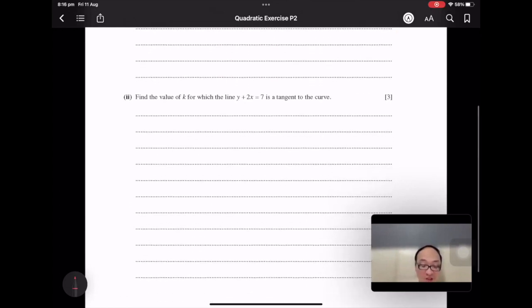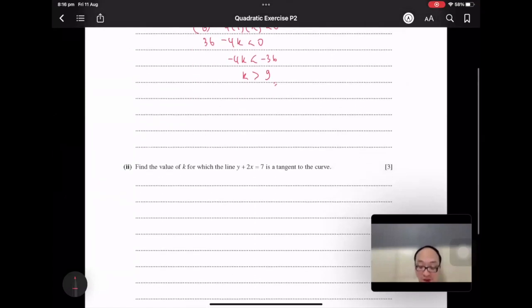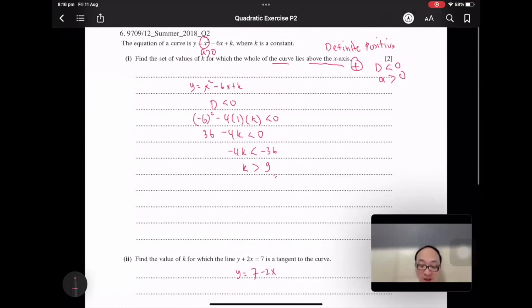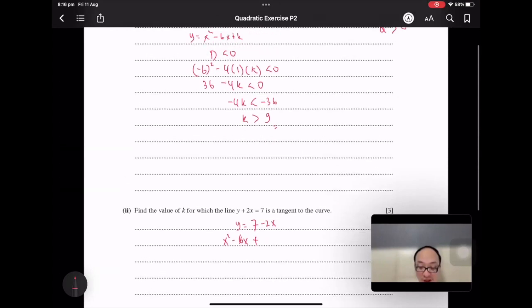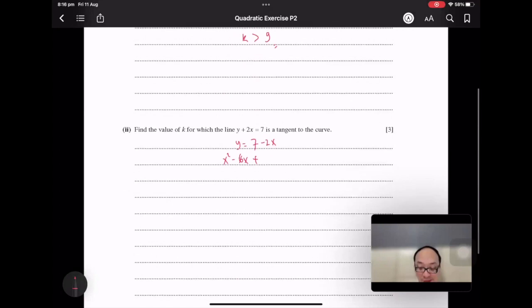And then find the value of k for which the line is a tangent to the curve. So now we have to combine the equation of the line and the curve. So y equals 7 minus 2x. So I can make it the same: x squared minus 6x plus k equals 7 minus 2x.